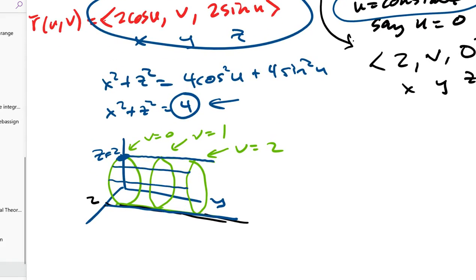So it looks like what we're graphing out is a cylinder. All right, as a cylinder. So these are called grid lines, or grid curves if you want. So the circles are when v is constant, and the lines are when u is constant.